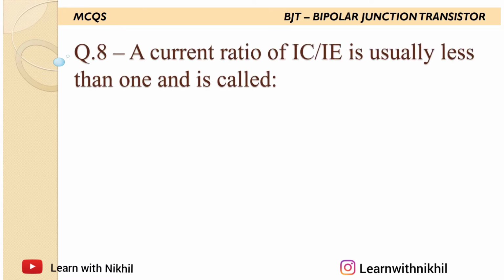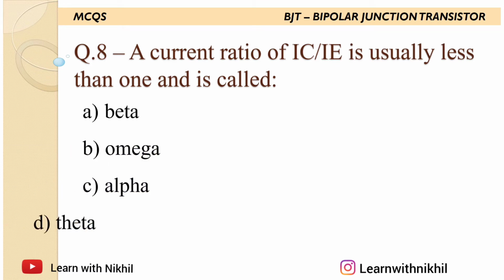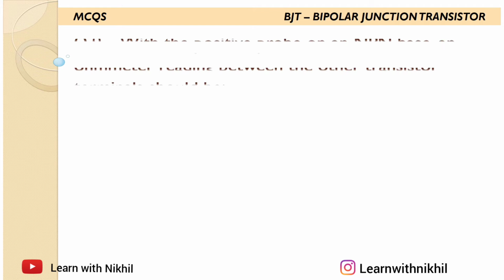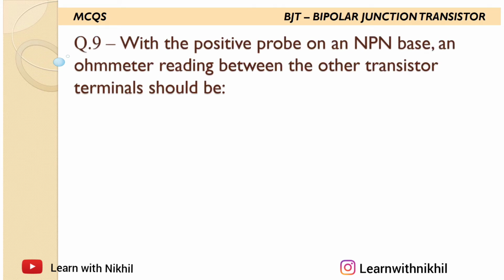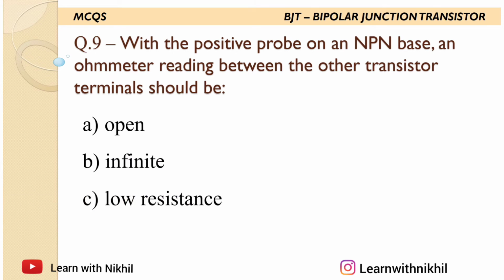Next question. A current ratio of IC upon IE is usually less than 1 and is called A, beta; B, omega; C, alpha; or D, theta. And the answer is alpha. Ninth, with the positive probe on an NPN base, an ohmmeter reading between the other transistor terminals should be A, open; B, infinite; C, low resistance; or D, high resistance.